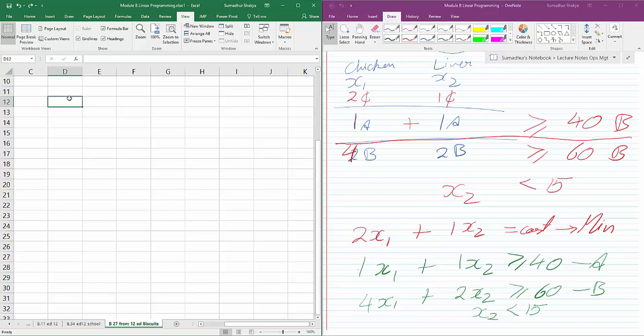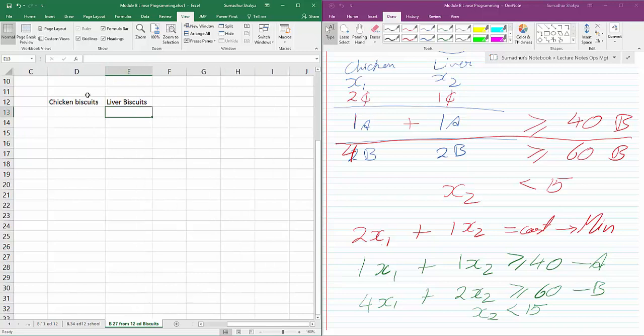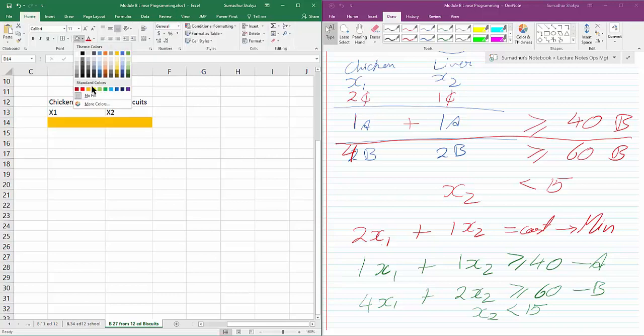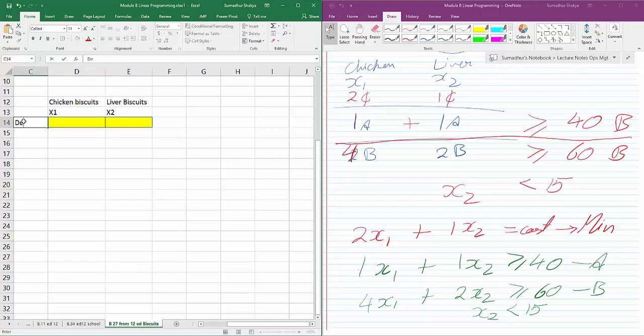So now we have chicken biscuits and we have liver biscuits. I will name this as x1 and this as x2, and I'm going to color these as yellow and name them as decision variables.